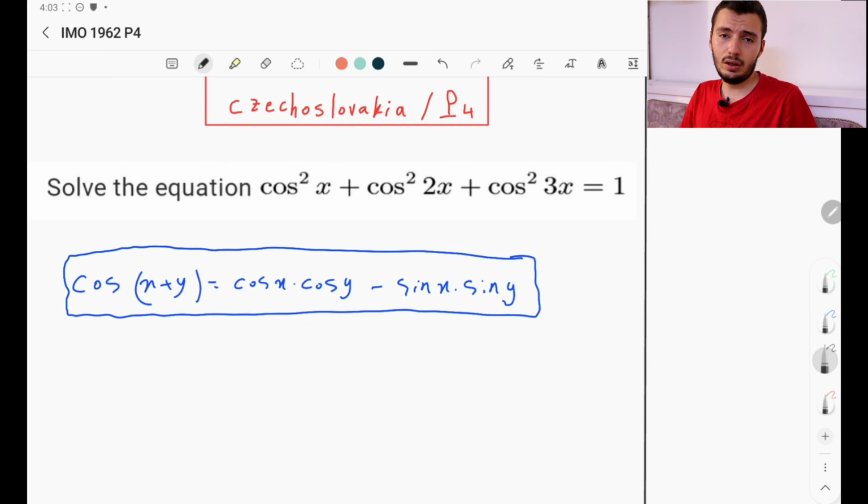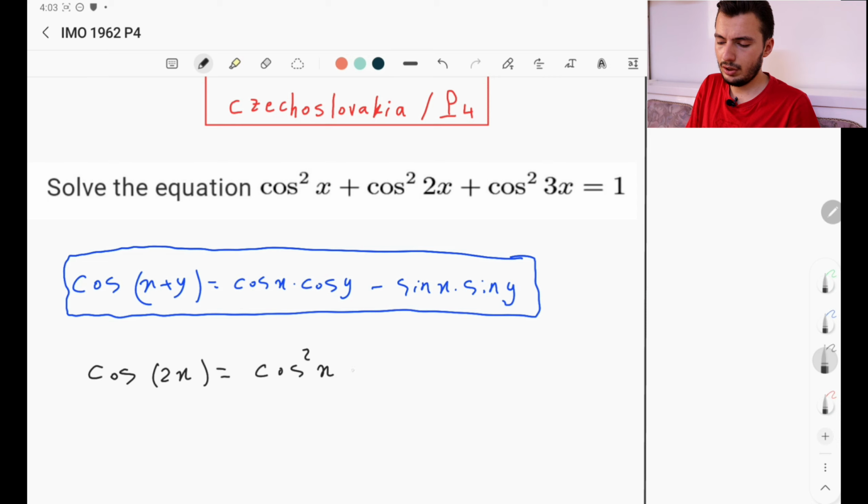And actually cosine of 2x, you can immediately see it if you just substitute here: you get cosine x squared minus sine x squared.